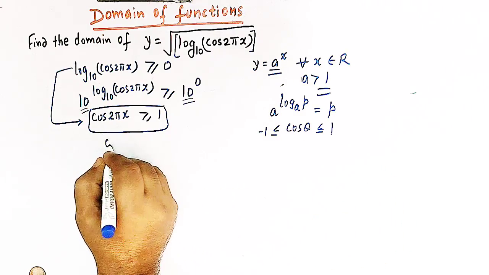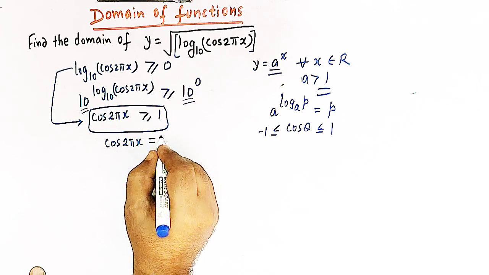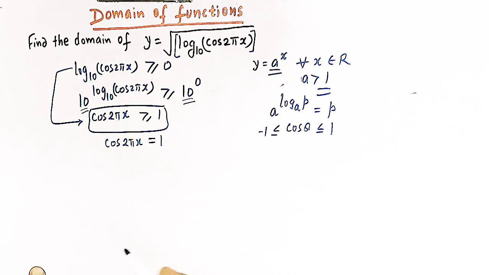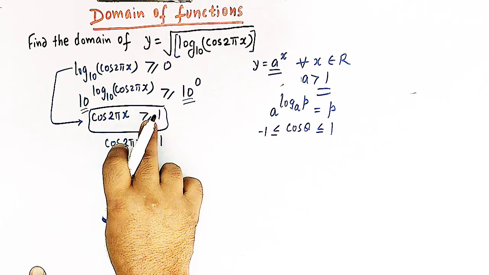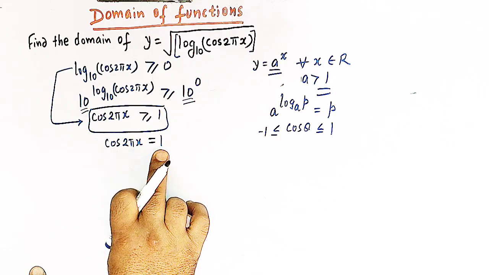So here I will take cosine 2 pi x is equal to 1, because cosine 2 pi x cannot be greater than 1. So we'll retain only the equality sign here. So cosine 2 pi x is equal to 1.